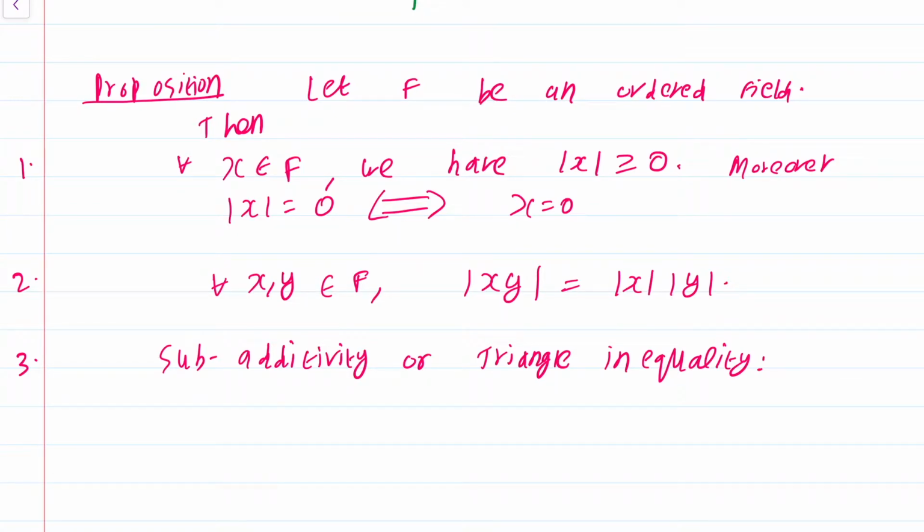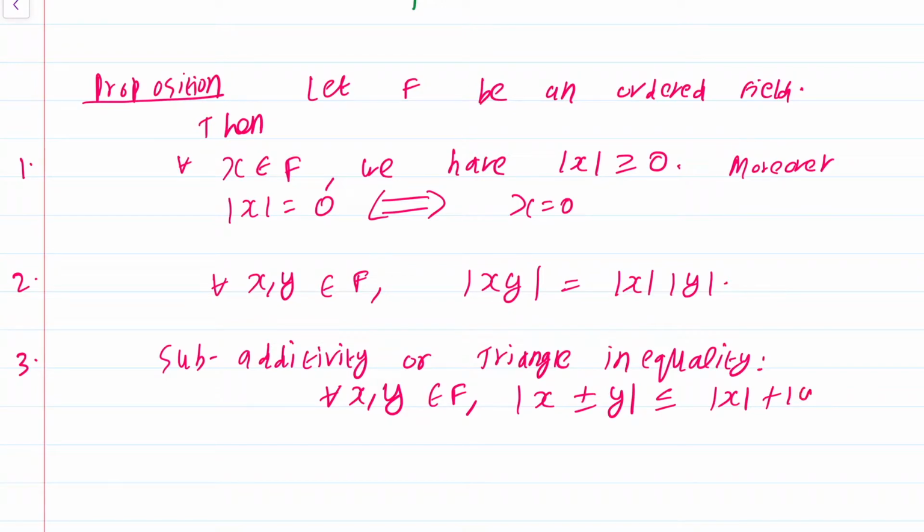One needs to go to several variables to exactly see why this is called a triangle inequality. We will see that in the section on topology. For all x, y in F, modulus of x plus or minus y is less than or equal to mod x plus mod y.